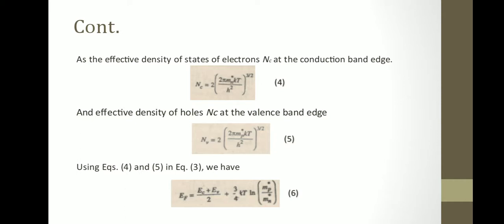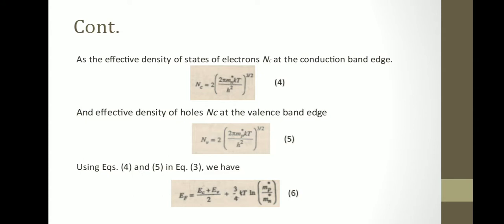Equation 4, the effective density of states of holes Nv at the valence band edge is 2 into (2 pi mp steric kT by h square) raised to power 3 by 2. Using 4 and 5 in equation 3, we get Ef is equal to (Ec plus Ev) by 2 plus 3 by 4 kT log of mp steric by mn steric. All the other values cancel each other, and Nc by Nv remains only with mp steric over mn steric.